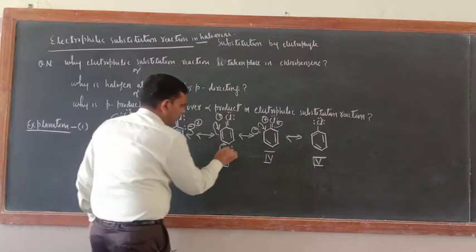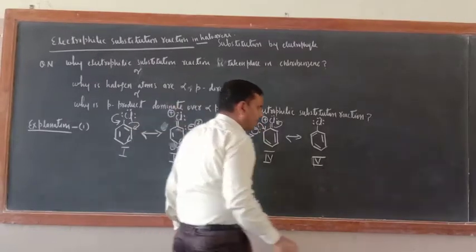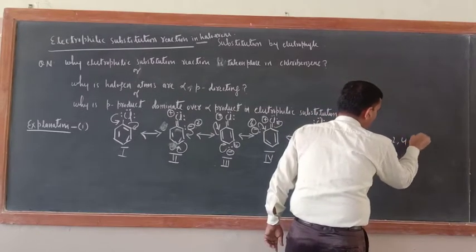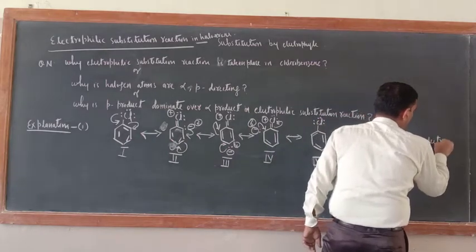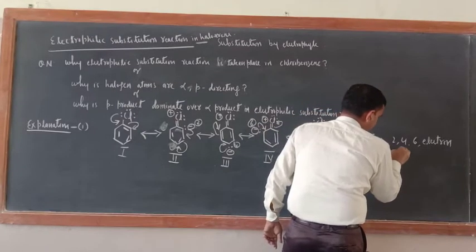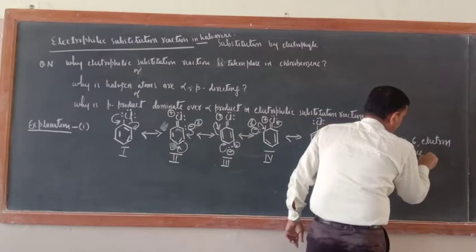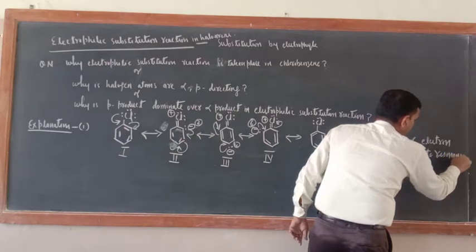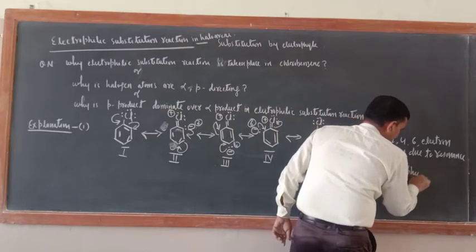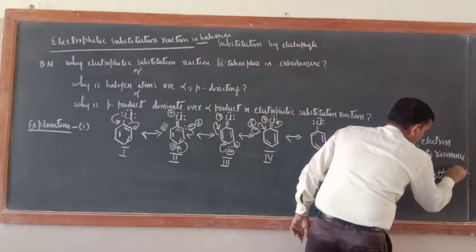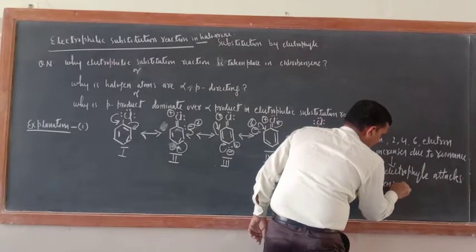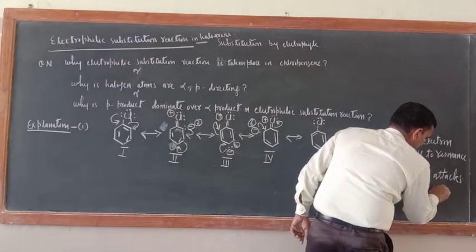So at positions 2, 4, 6 electron density increases due to resonance, hence an electrophile attacks in chlorobenzene, or you can say electrophilic substitution reaction takes place in chlorobenzene.